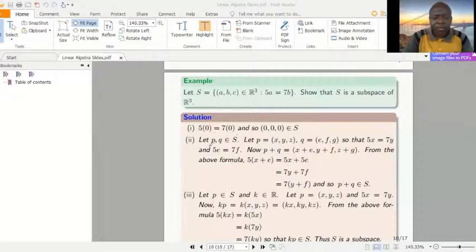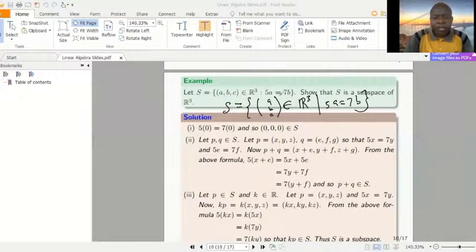That's what I've shown here. Let me just take you through the steps. Now, just before I take the steps, somebody else would have written this one differently. I've said that this is a set comprising of (A, B, C) in R3 such that 5A is 7B.